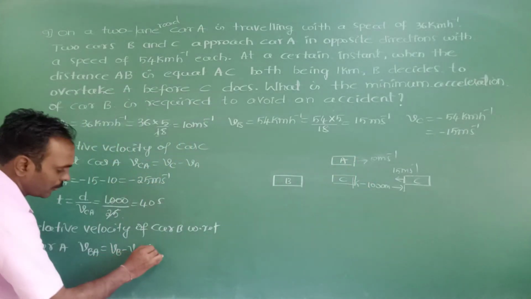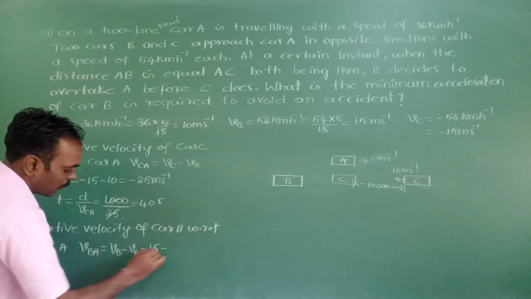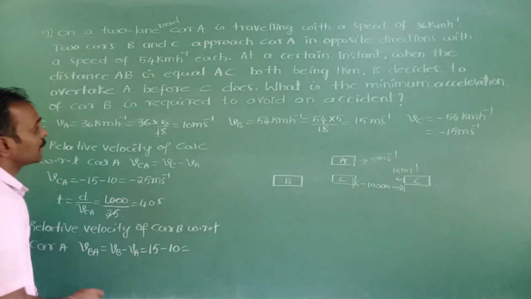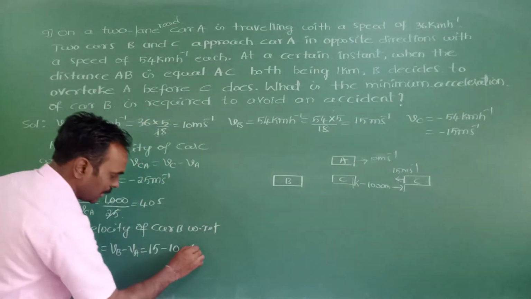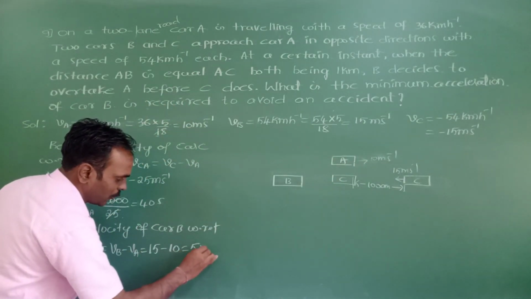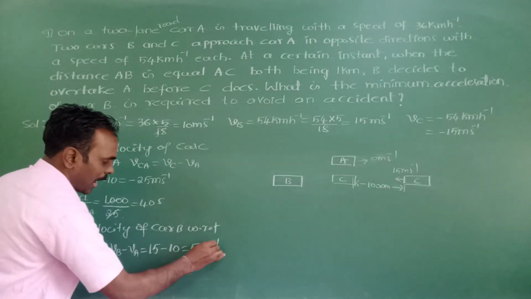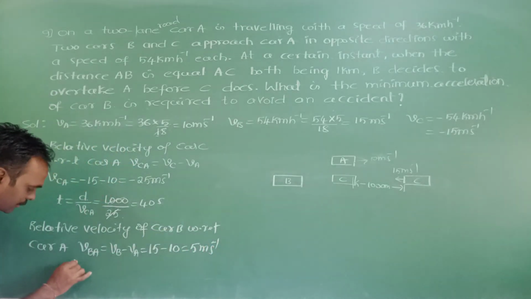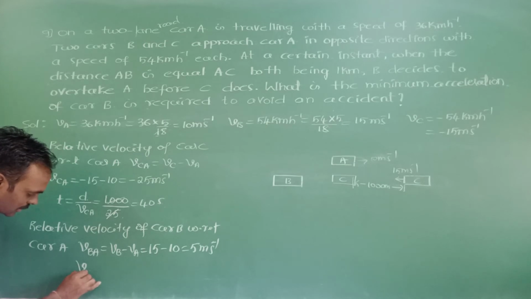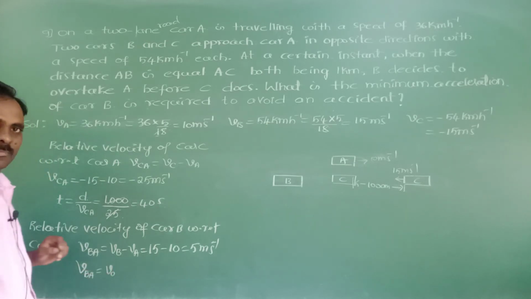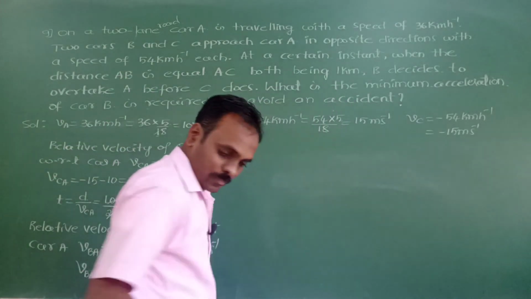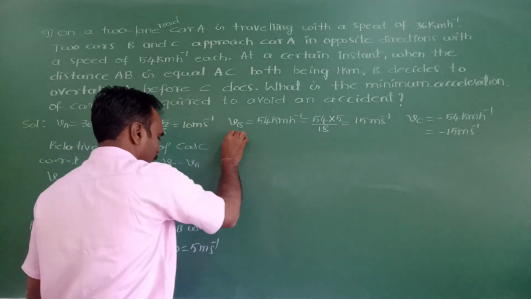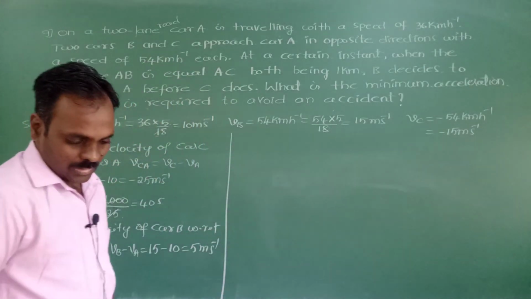What is the VB value? 15 meter per second. What is the VA value? 10 meter per second. Car B 15 meter per second, car A 10 meter per second. So that relative velocity is 5 meter per second. And I will consider this VBA as the initial velocity.